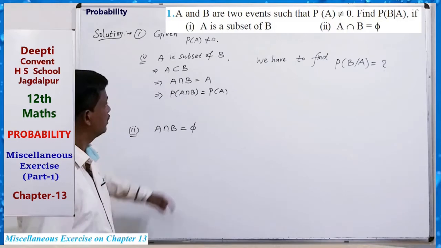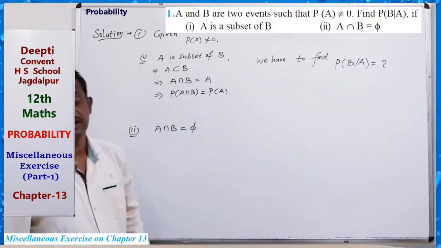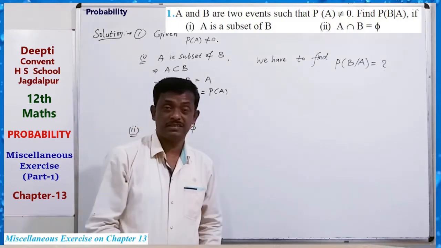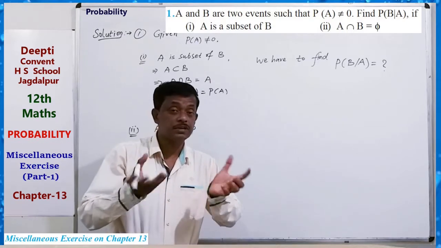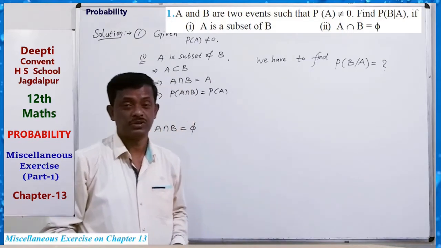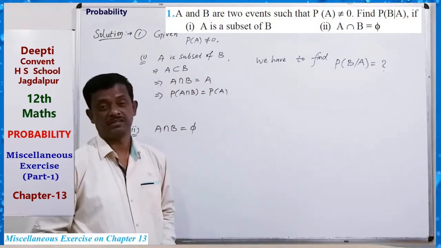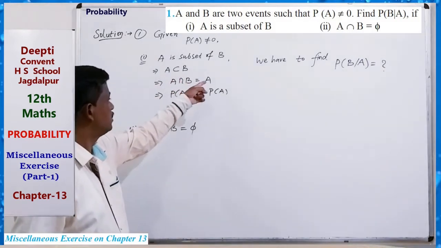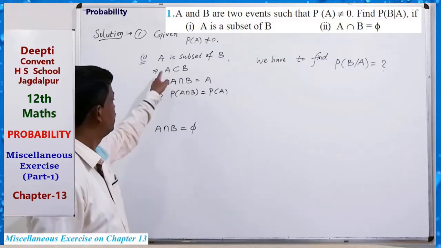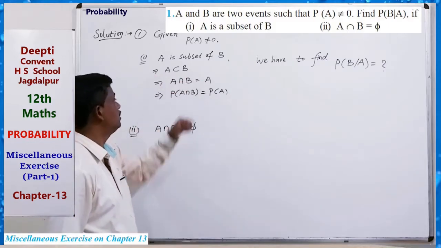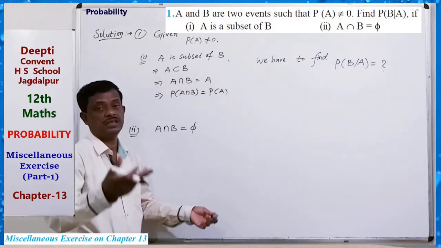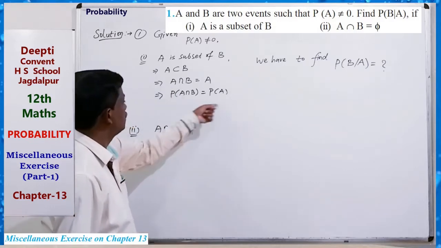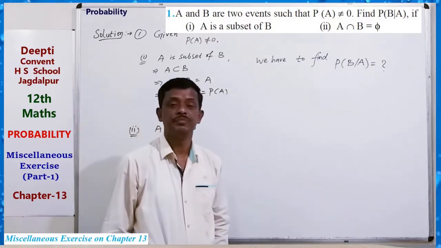Because A and B are events, they can be treated as subsets of the sample space, so set theory can be used here. When A is a subset of B, A intersection B equals A. So we can write P(A intersection B) equals P(A).